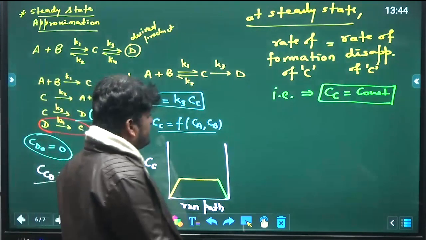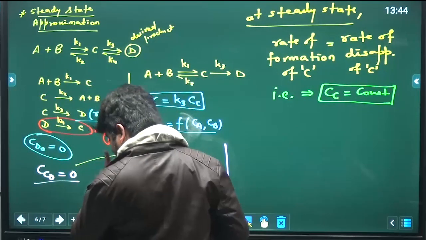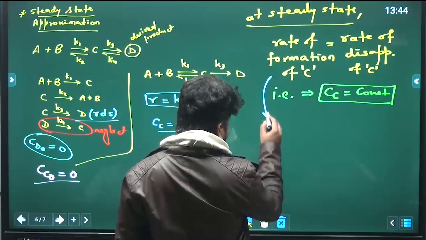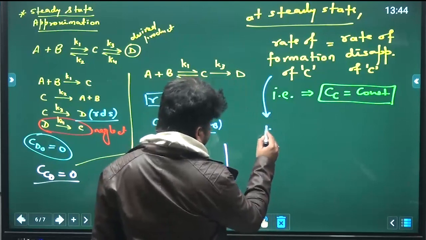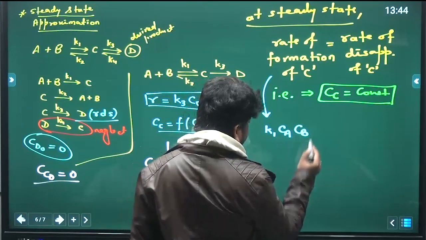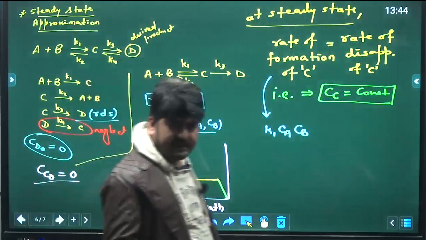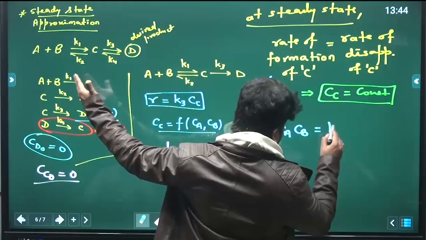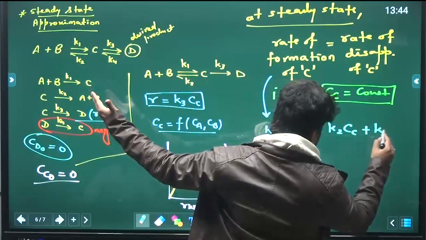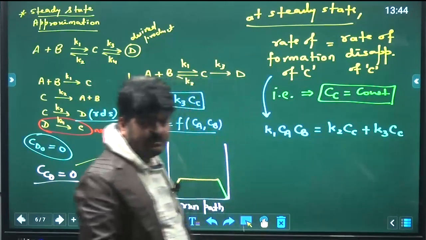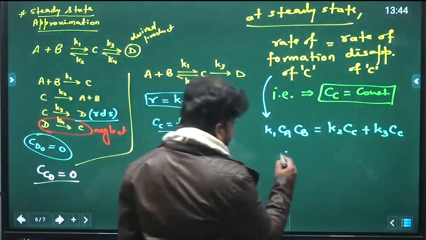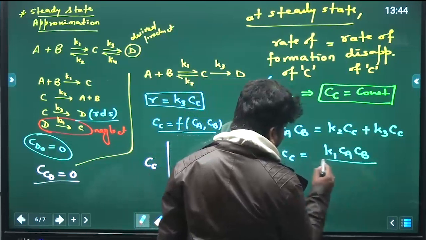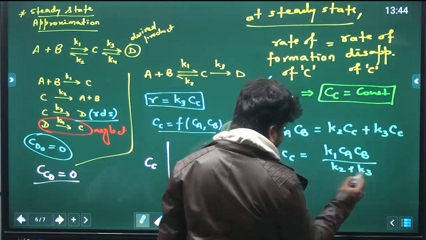Now let's see how we can do it. So what will be the rate of formation of C? K1 C_A C_B. That's it. Clear? And rate of disappearance of C? K2 C_C plus K3 C_C. Clear? So C_C will be equal to K1 C_A C_B over K2 plus K3.